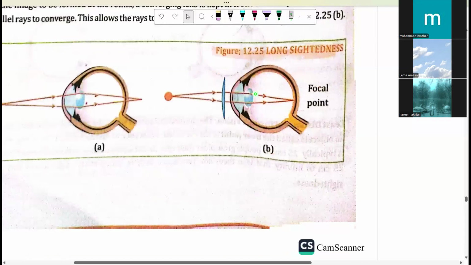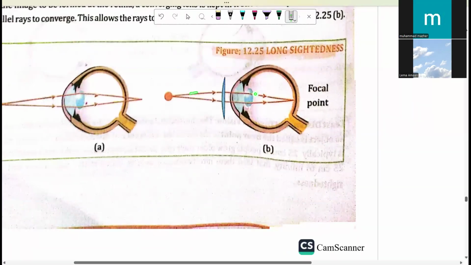Similarly, here it converged and then converged again. Very slight, it's happening very slightly. But basically, we know the properties of concave and convex lenses and how they refract light when it passes through. So, are we clear about long-sightedness and short-sightedness?